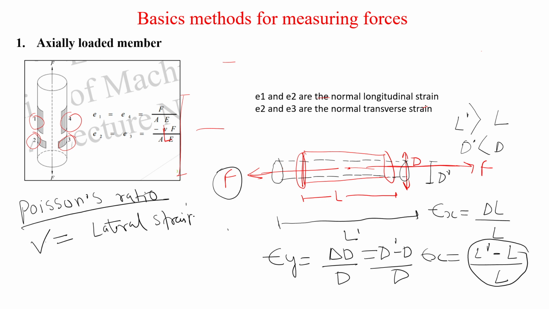Lateral strain means the perpendicular strain. In this case, it is the Y direction, upon the longitudinal strain, which is along the direction of the force, and here comes a negative sign. You can see the negative sign.